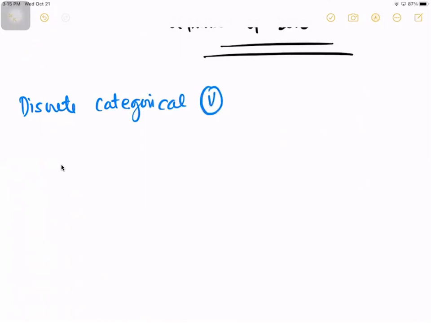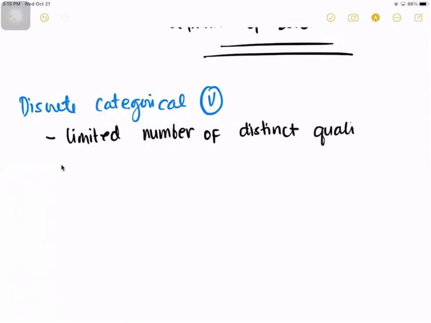When we say discrete categorical variables, we are referring to a limited number of distinct qualitative categories.